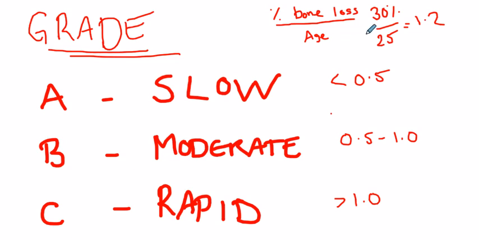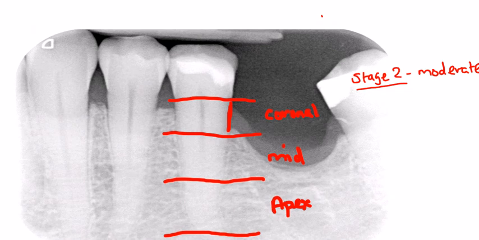Just as a reminder, that percentage of bone loss comes from that worst affected tooth. So you're still looking at the tooth. Okay, so this was the tooth that we looked at as an example for our staging. On this case, we worked out our staging.